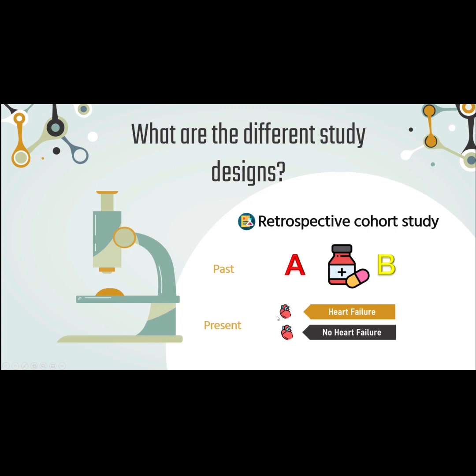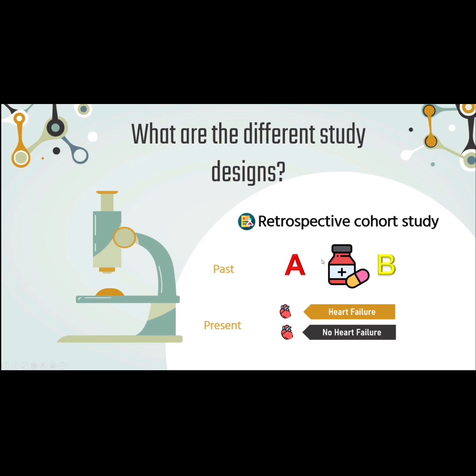What is the difference between retrospective cohort and case series is that we have a control group here. If you remember, for case series, we have drug A and we look to see who developed heart failure and who did not. But for this type of study, the retrospective cohort, we have a comparison group.